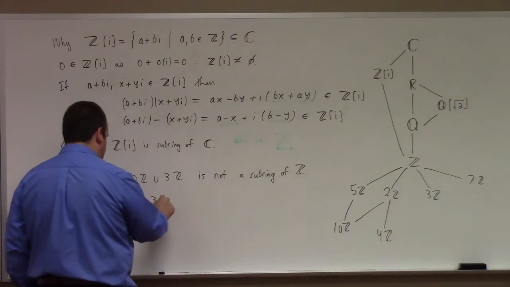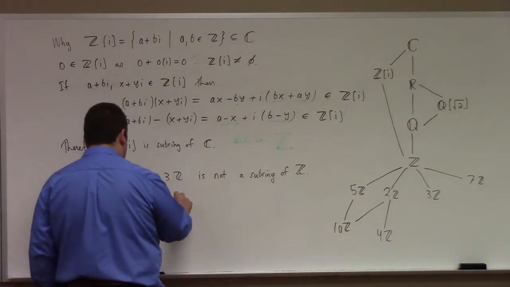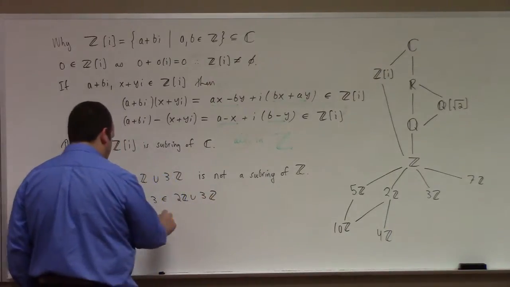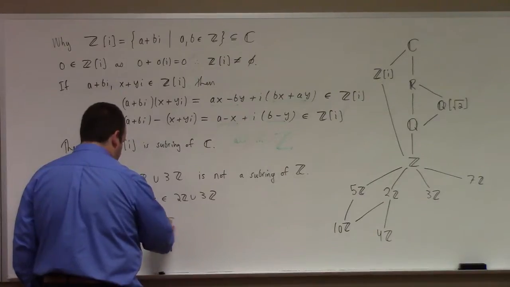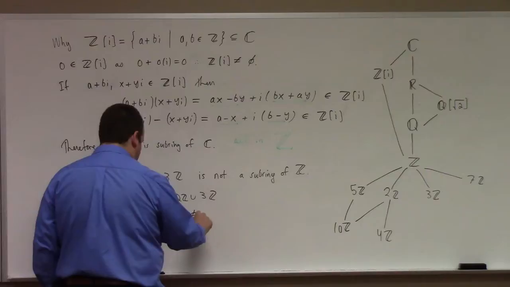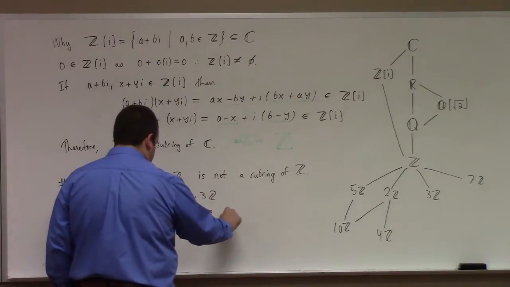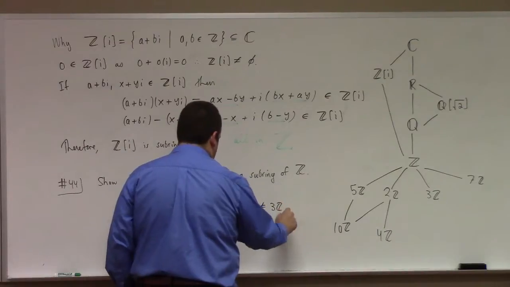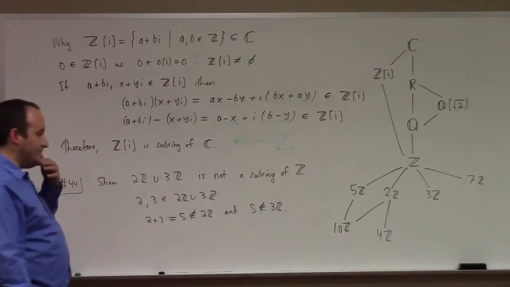And you have 3. They're both elements of the union, right? But what happens if you add them? 2 plus 3 is 5. And that is not an element of 2Z. And 5 is not an element of 3Z, so it's not an element of the union either.